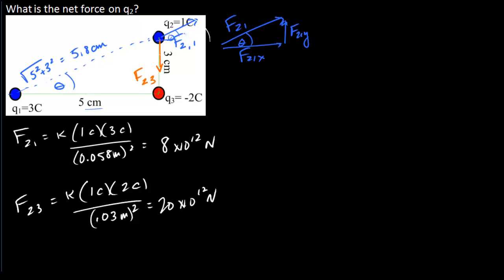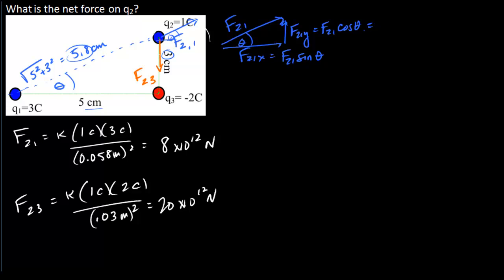And then F21y is going to be F21 cosine theta. F21x would be F21 sine theta. But remember, sine and cosine are really just ratios of sides of a triangle. We have all the sides of this distance triangle, 3, 5, and 5.8. So we could also write sine and cosine that way. I'm going to do that to make our life a little bit easier.